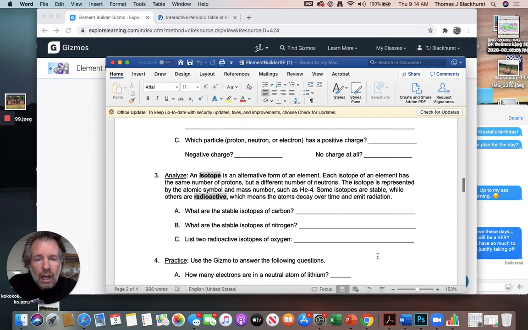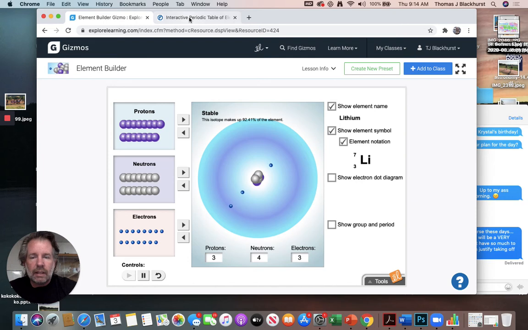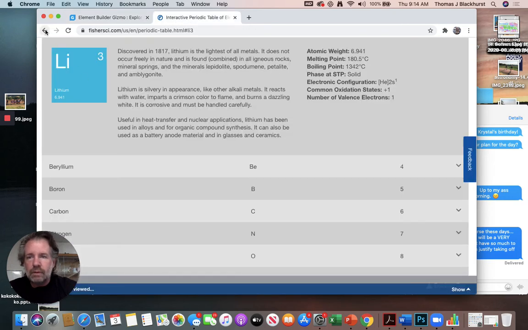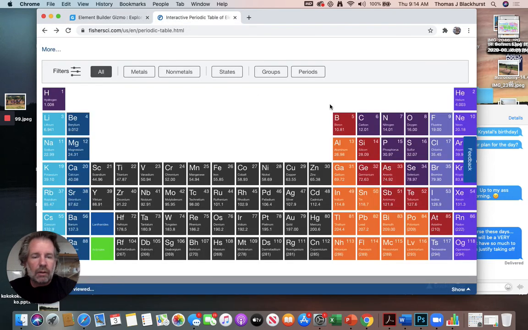Now, isotopes are variations of an atom or an element. They can have more neutrons or less neutrons. So stable isotopes of carbon, for example. Now I don't expect you to necessarily randomly know that, but if you go to carbon, and maybe I don't know what the number is for carbon, I'm going to go through and look at it.